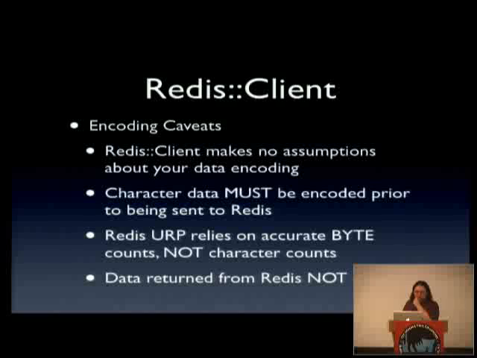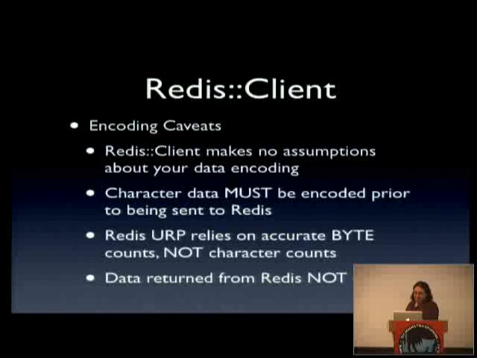So we mentioned encoding a little bit before. Redis client is going to make no assumptions about your data encoding by default. So if you need to pass data, it needs to already be encoded, that means in UTF-8 or some other binary form. Otherwise, if you try to send character data over a socket, you will get wide character warnings and your data will be broken by the time it gets to Redis.